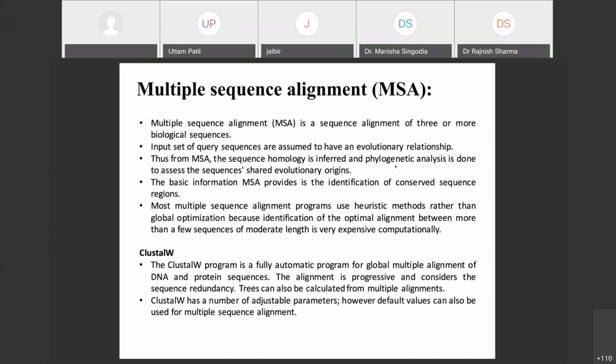If it is lower than 25%, 30%, you will say you have sequences with low sequence identity. So if you are dealing with low sequence identity, you have to tweak the parameters in order to get the optimal sequence alignment.